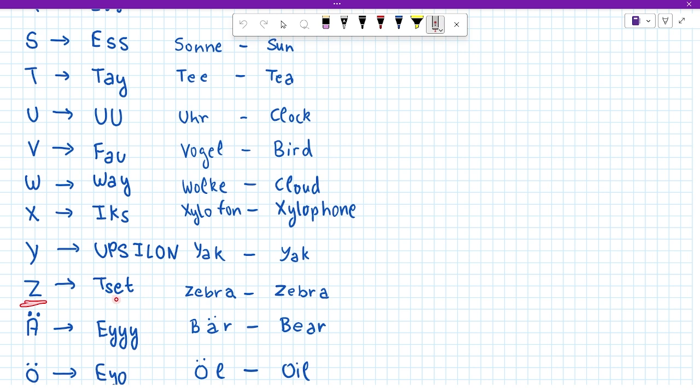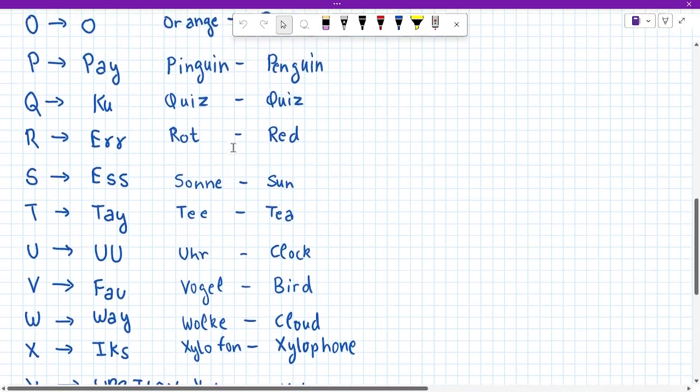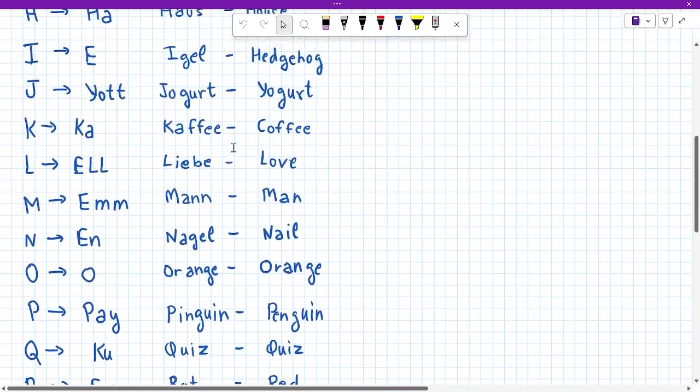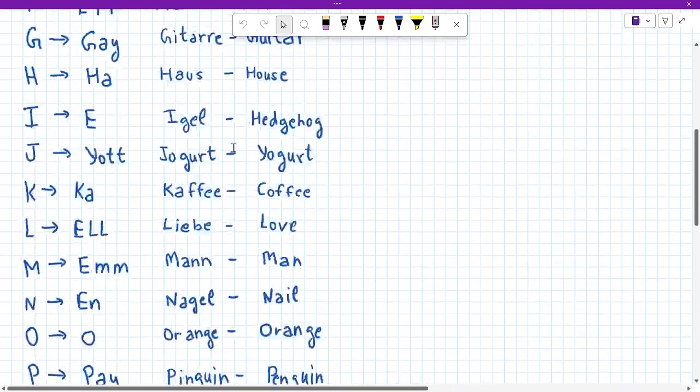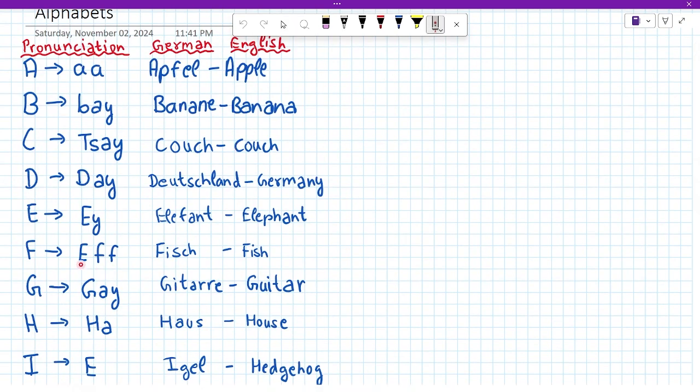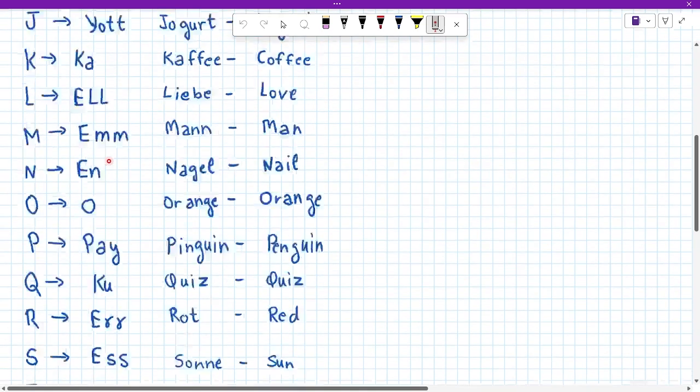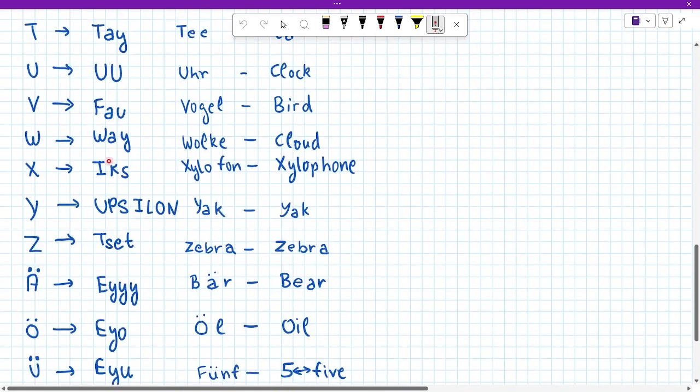Z is pronounced as Set, similar to C when we said half of T, tsay. Z is similar to it. We will say half of T and then set.